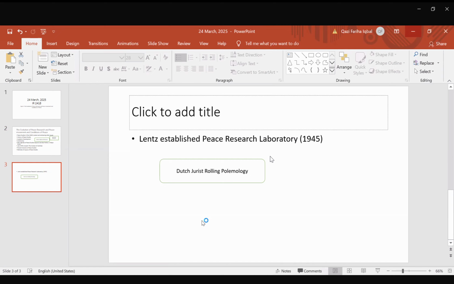This scholar, Lens, has published a book. The book title is Towards a Science of Peace.